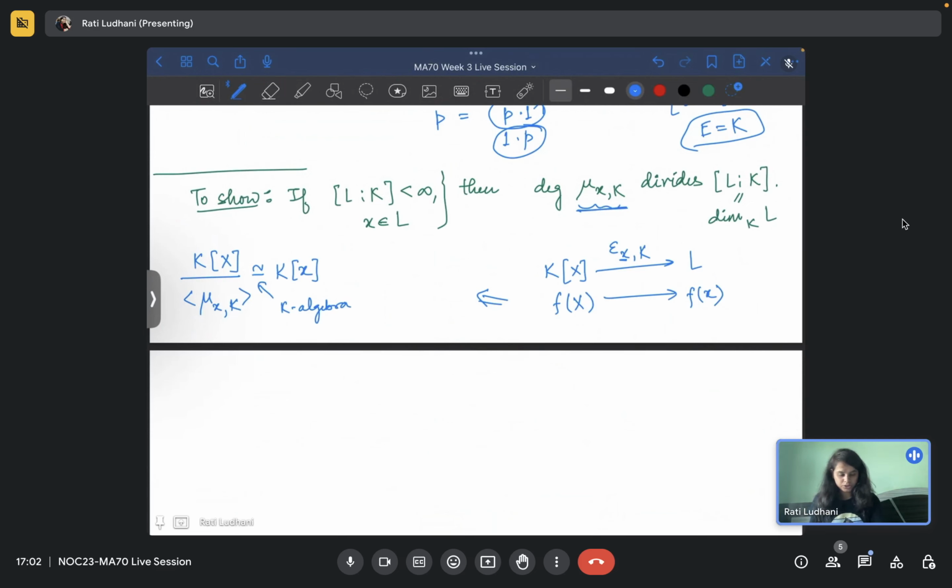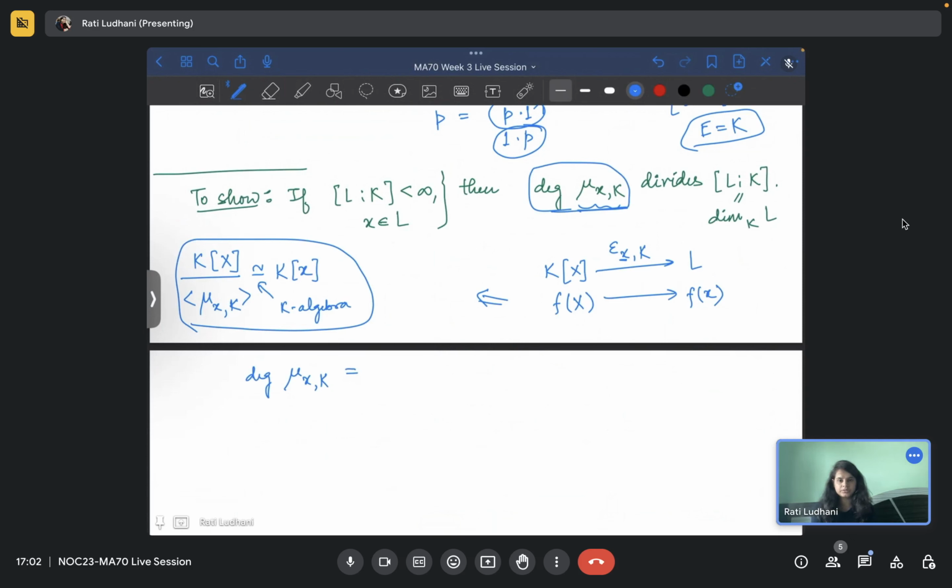So okay, how shall we proceed? So what is the degree? The degree of mu_x,K, from this information, as we already used this statement also, what is the degree in terms of the dimension of some vector space?